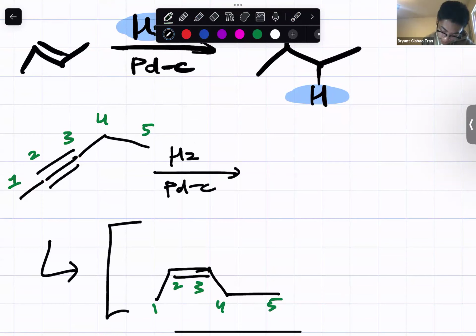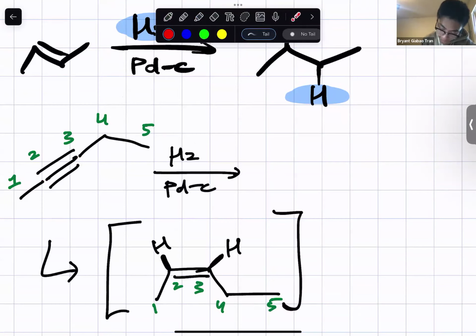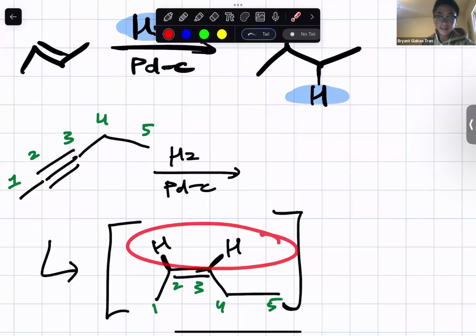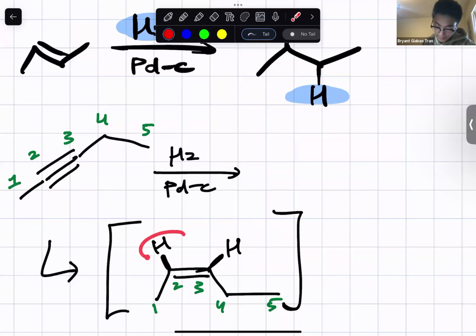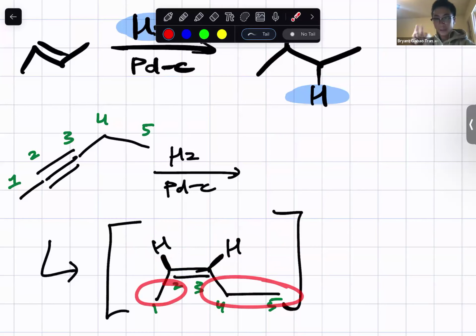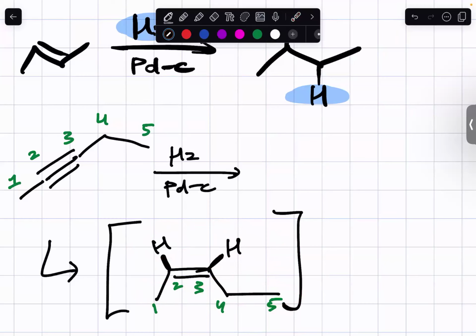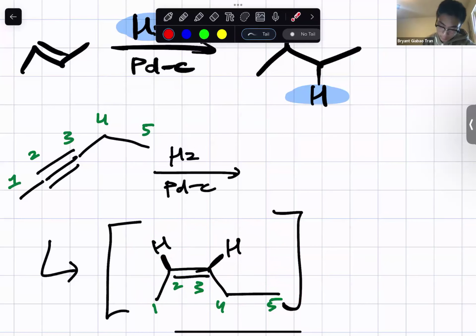The reason why it is a cis alkene intermediate is because this reaction does syn addition. The hydrogens have to be on the same side, which is why they are cis to each other, making the other groups cis to each other as well. But it doesn't stop there. H2 with this kind of metal catalyst is overreactive.